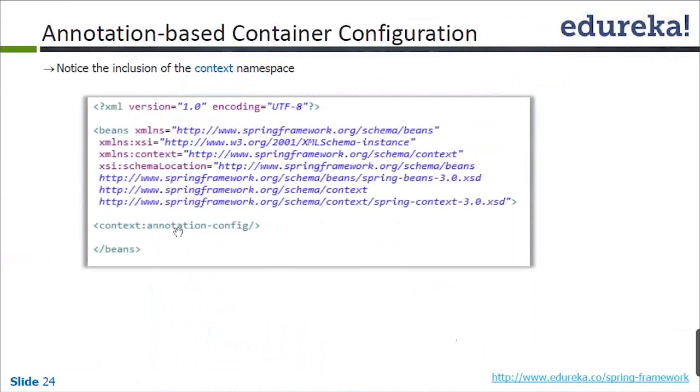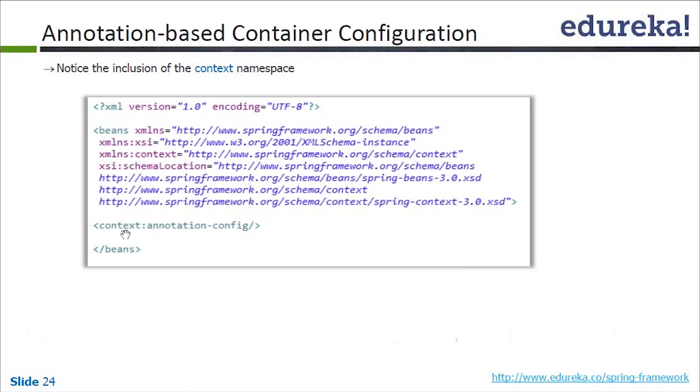What is this line? context:annotation-config. It tells that, boss, I'll be using annotation-based configuration. So IoC container, I request you to please consider those configurations. So I would be using annotation-driven configuration also along with my XML-based configuration, and I request you to consider those along with the XML configuration.